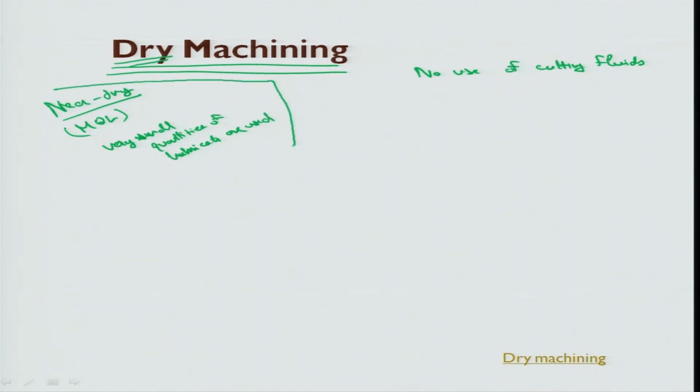So this is the near dry process. Now this small quantity may be from 10 to 100 milliliter per hour.